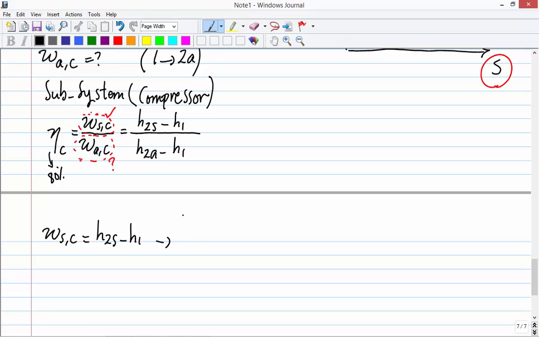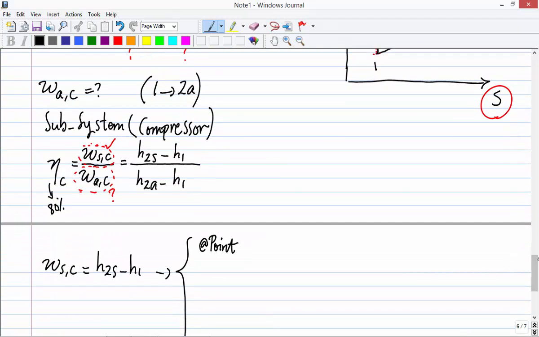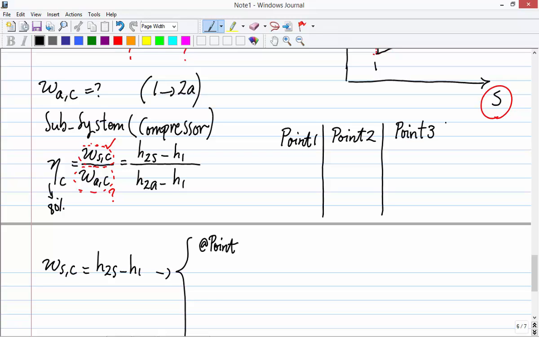At point 1, and let me write, I forgot to write the table. So I have 4 points, right? Point 1, point 2, point 3, and 4.